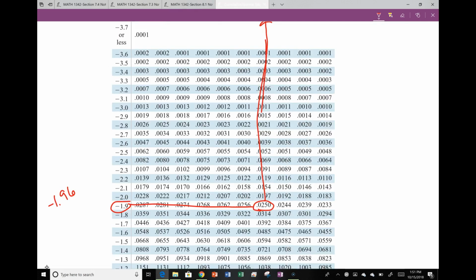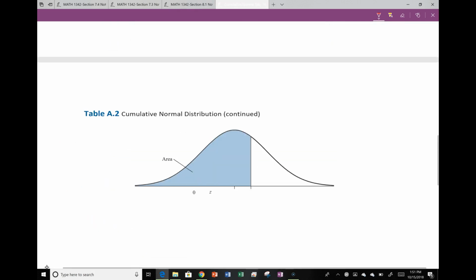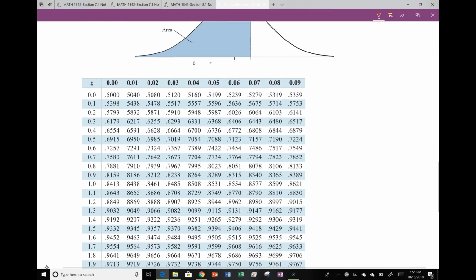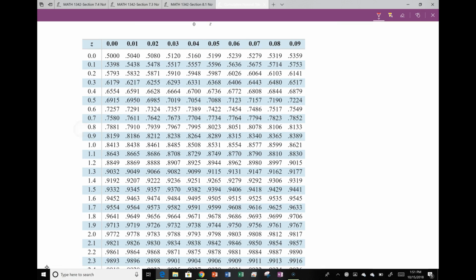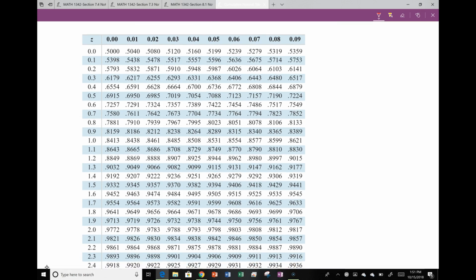So let's go over here and look at our chart. And I want a 0.9750. Okay, so I'm following down 0.9. Okay, we're somewhere in here. 0.97. Right here. 0.9750. I'm going to follow it out.